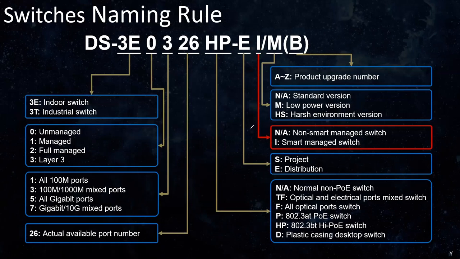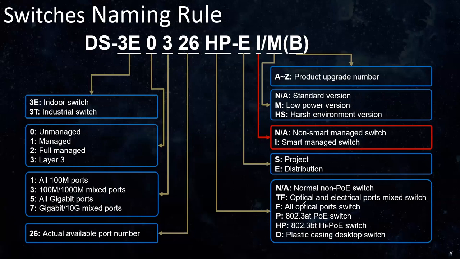When you look at the model name of a switch, you can easily say how many ports it has, whether those ports are 100M ports or 10G ports, whether this switch is a layer 1, layer 2 or layer 3 switch, whether it's managed or fully managed, whether it's indoor or industrial, and whether it has PoE.